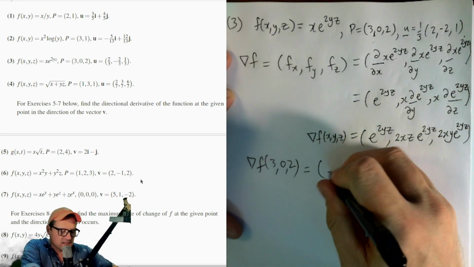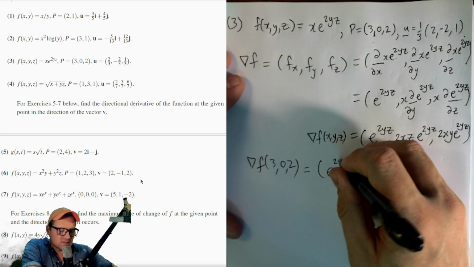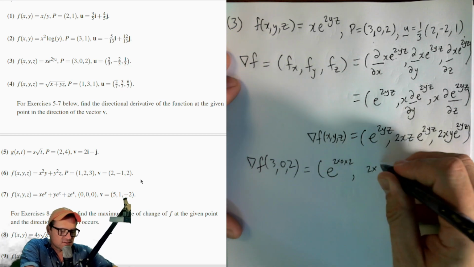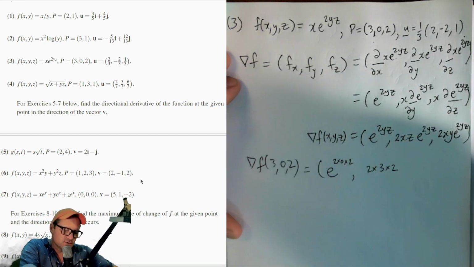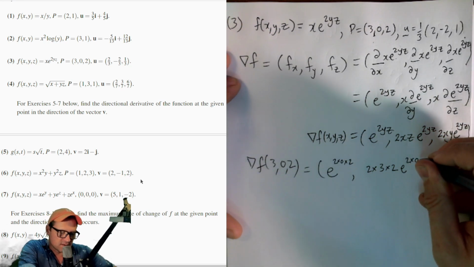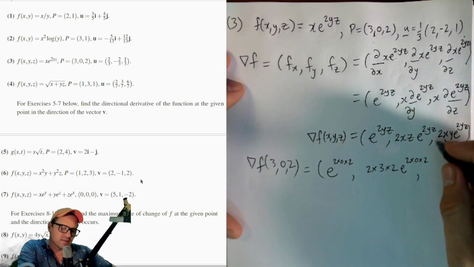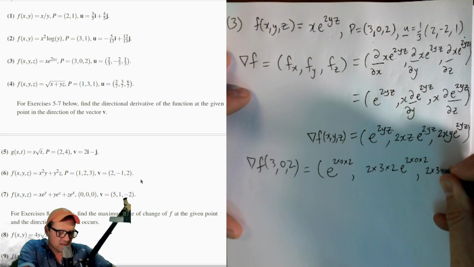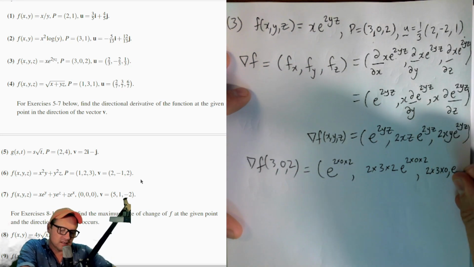grad f at (3, 0, 2), we have e to the power of 2 times 0 times 2. Then we have 2 times 3 times 2, this part, e to the power of 2 times 0 times 2. And then for this, 2xy is 2 times 3 times 0, and then e to the power of 2 times 0 times 2.